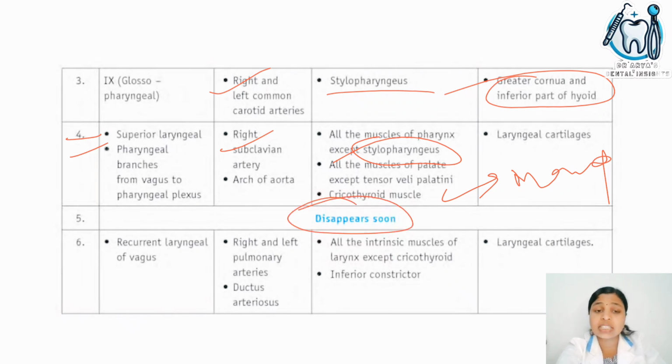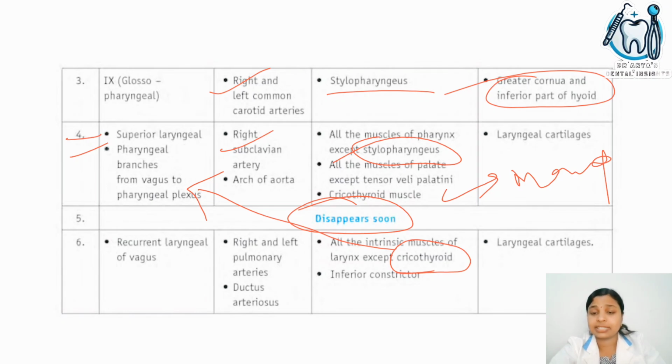And then sixth arch, recurrent laryngeal nerve of vagus. Then right and left pulmonary arteries and ductus arteriosus. All the intrinsic muscles of larynx except cricothyroid, because cricothyroid muscle is supplied by pharyngeal branches from vagus to pharyngeal plexus.